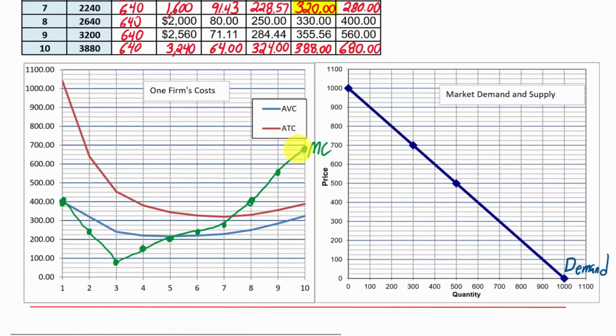So this marginal cost curve is kind of like the supply curve for each little individual firm. And if we have 100 firms, then the market supply curve over here on the right is just going to be how much each individual firm would produce at that price times 100.